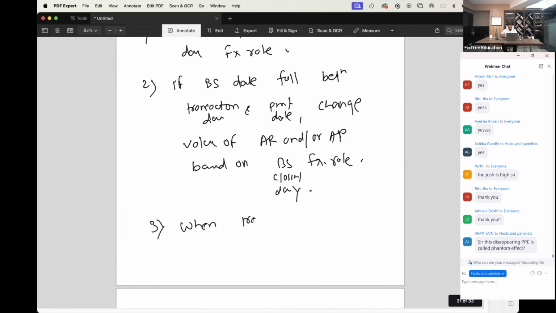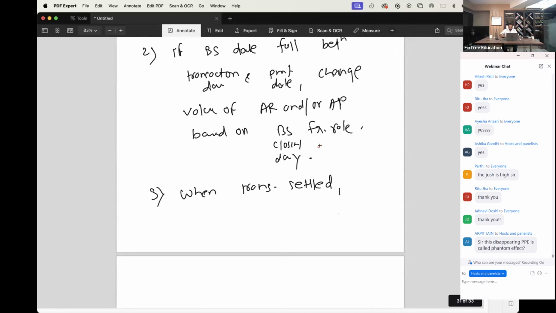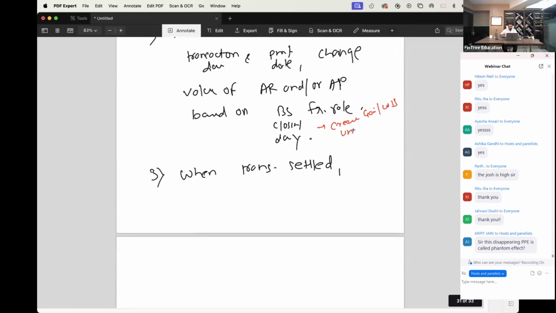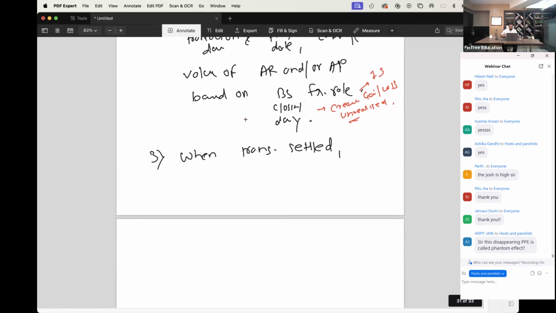Third, when transaction is settled, by the way, this will create some gain or loss. It will be recognized, but it is unrealized. This goes to income statement. Okay, I'll show you an example.